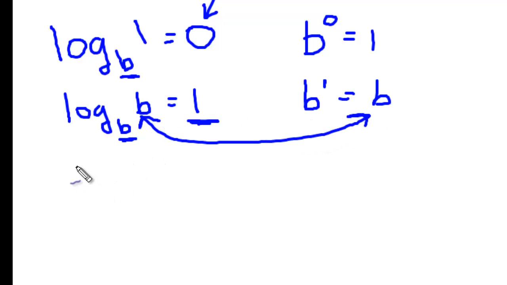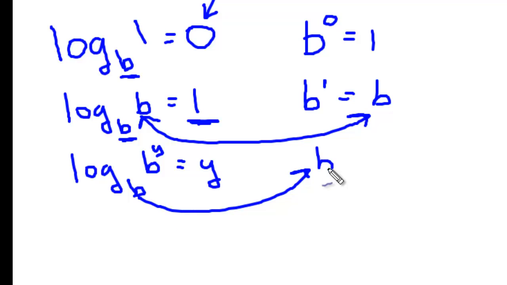If we have log base b of b to the y, that's going to be equal to y because we have our b here, and the exponent is equal to b to the y.